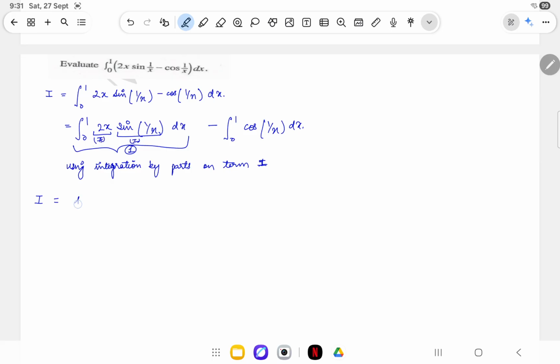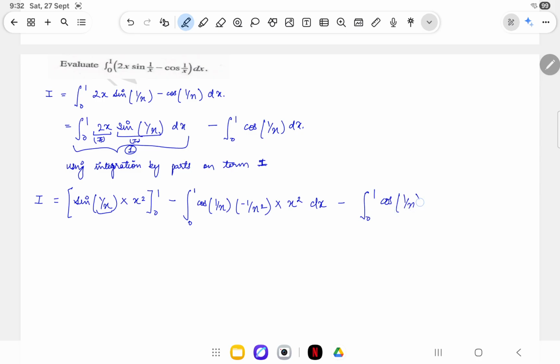So it will be, first function is the same, that is sine 1 by x, into integration of the second function, that is integration of 2x will be x square, with limit from 0 to 1, minus differentiation of the first function, that is differentiation of sine 1 by x will be cos 1 by x, and by chain rule we are supposed to differentiate this 1 by x as well, that will give us minus 1 by x square, into integration of the second term, that is x square and dx, with limit varying from 0 to 1, and 0 to 1 cos 1 by x dx.